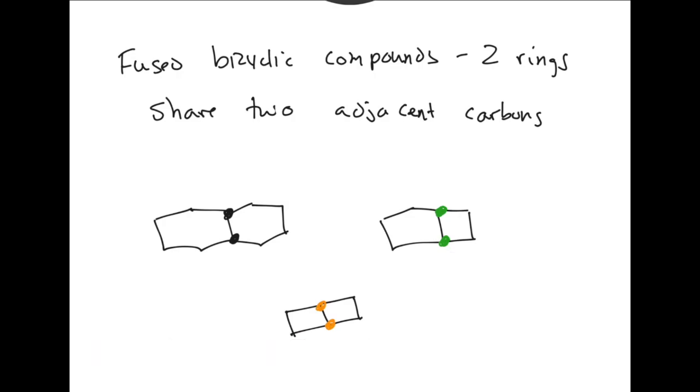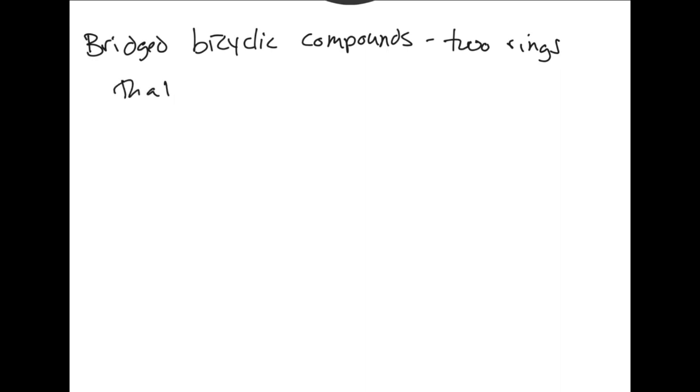And then the last type is what we were getting when we were doing the Diels-Alder reactions with cyclic dienes. These are called bridged. So these are two rings that share two non-adjacent carbons.